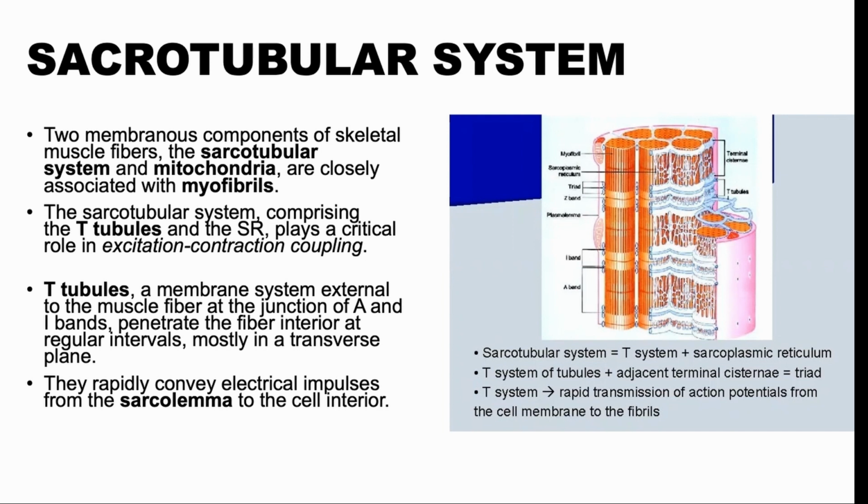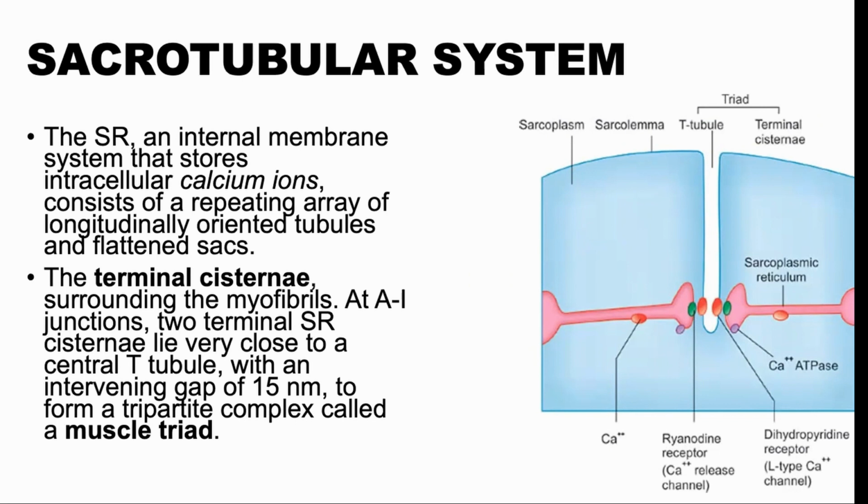You know the T-tubule is an invagination of the sarcolemma, and the sarcoplasmic reticulum is basically equivalent to the endoplasmic reticulum that stores the calcium that is very critical in excitation-contraction coupling, which basically means exciting the cell and facilitating contraction. So the sarcoplasmic reticulum is very important in releasing the intracellular calcium. Calcium within the cell, it's tubules, so they're just arrays of tubules and they have calcium in it.